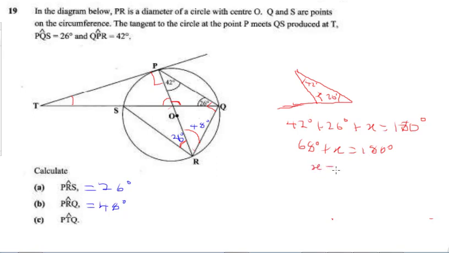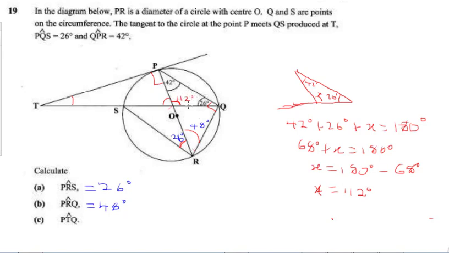So X is therefore equal to 180 degrees minus 68 degrees. What is 180 minus 68? And that is 112 degrees. So the angle that we have here is 112 degrees.